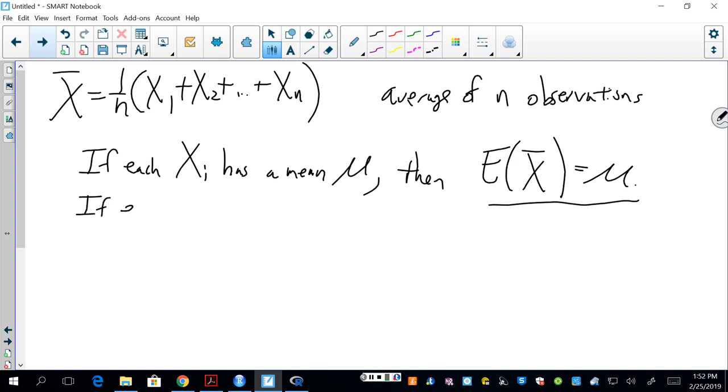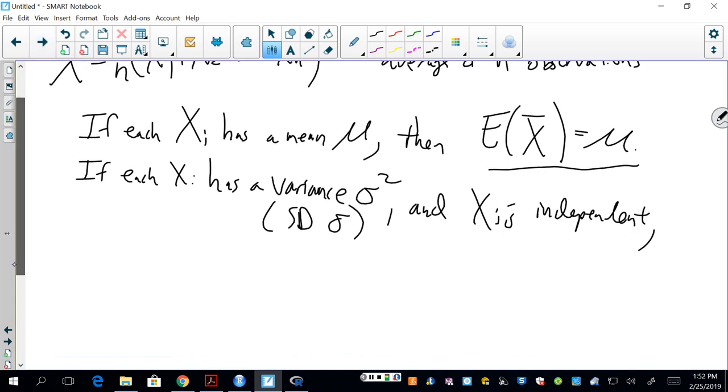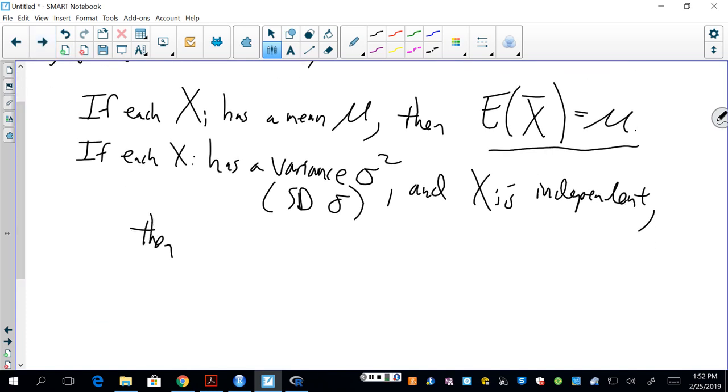If each xi has a variance sigma squared, so it has a standard deviation sigma, the square root of that, and the xi's are independent of each other, then you get the response that the variance of the sample average is related to the variance of the individual measurements, but it's divided by n.